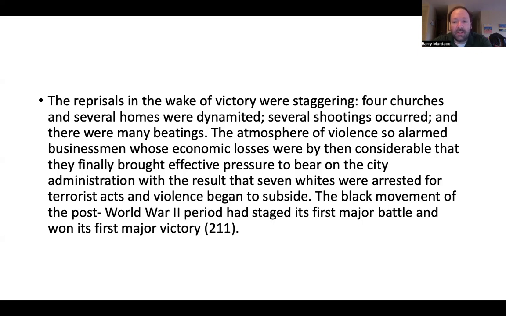The atmosphere of violence so alarmed the businessmen whose economic losses were by then considerable that they finally brought effective pressure to bear on the city administration, with the result that 7 whites were arrested for terrorist acts and violence began to subside. The black movement of the post World War II period had staged its first major battle and won its first major victory.